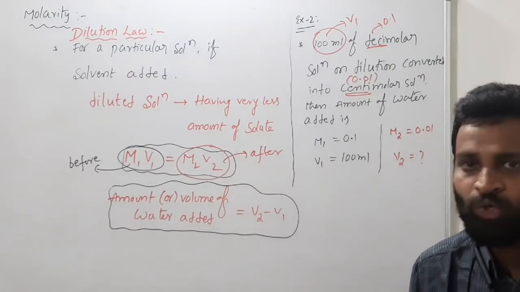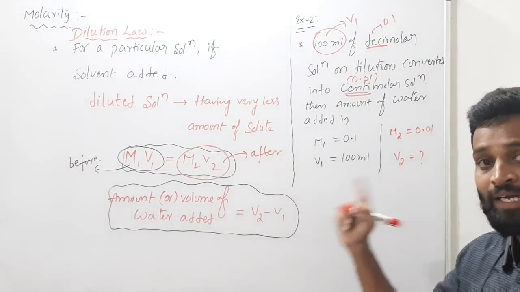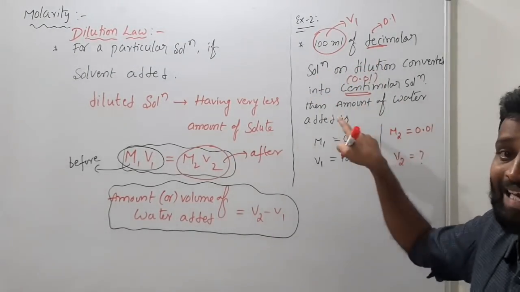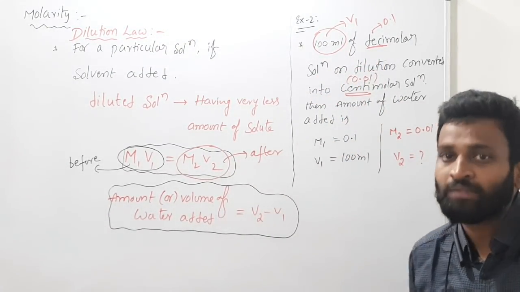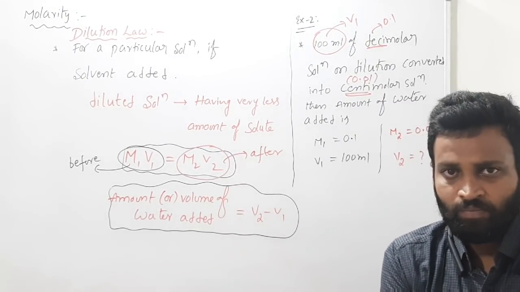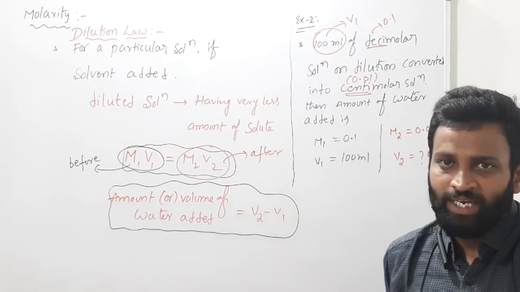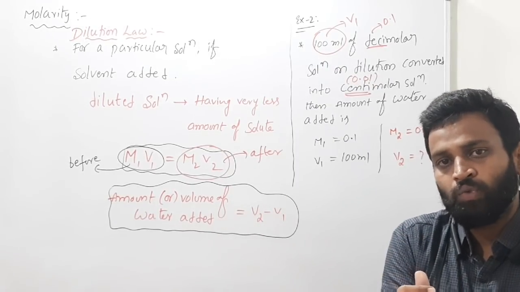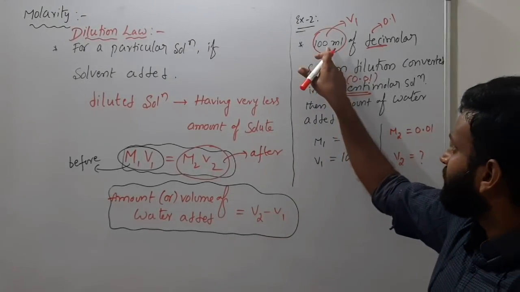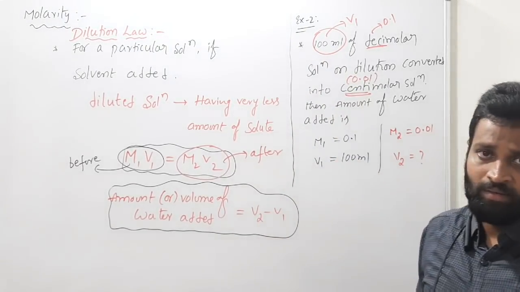What is the final volume? I don't know. Because in that numerical, 100 ml of decimolar solution is converted to centimolar solution. So on dilution, the concentration changed from decimolar to centimolar. Initial volume is 100 ml.